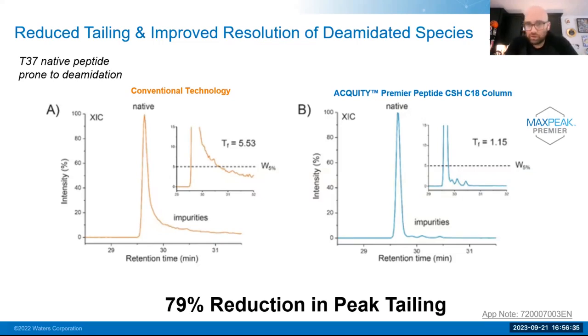With the introduction of Premier, with that engineered surface minimizing the interactions, you actually start to minimize a lot of that tailing and see the impurities that may exist. So it's getting some of that charge variant information that may be prone to happening through events like deamidation. We're able to see it, characterize it, and potentially quantify it as well. This is very important and critical to determining biosimilarity, understanding if these impurities are actually present or if they're an artifact of your analysis.